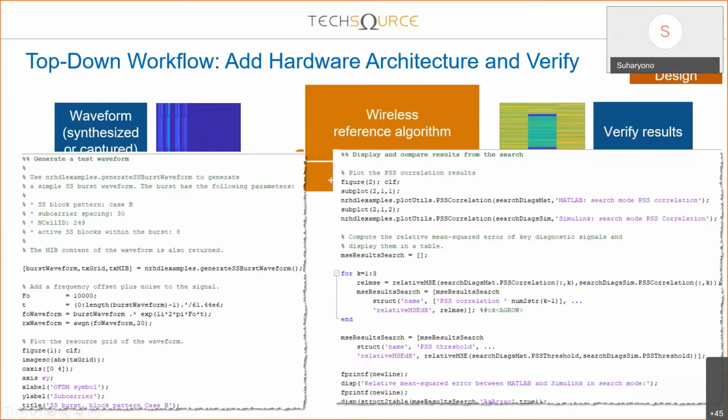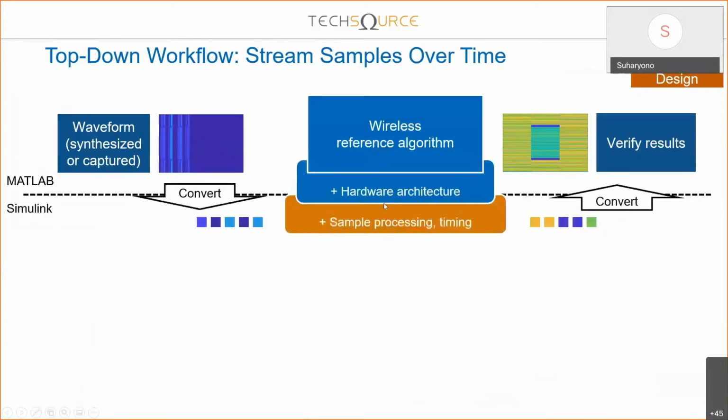But coming to the important part, when we want to implement on the hardware, we need to modify our algorithm in order to change it to sample-based or stream-based processing. In the next slide, we can see that from our wireless reference algorithm in MATLAB and Simulink, we modify it so that it can work with this hardware architecture.